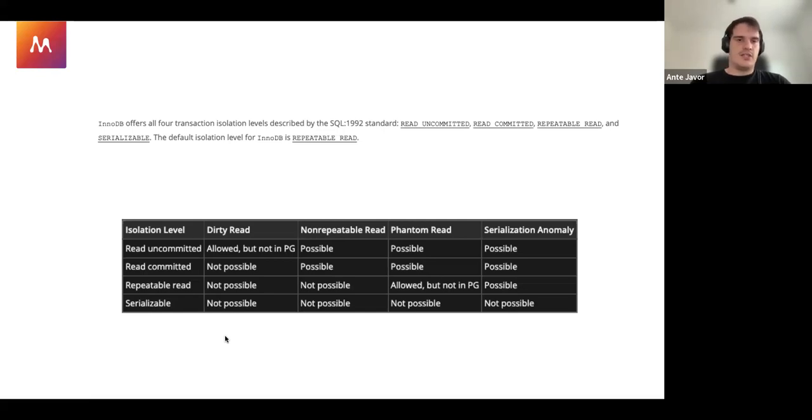As I said, this is just some of the possible isolation levels and some of the possible anomalies. There are a bunch more, but just for the sake of the example and presentation, we are going to focus on this segment. Memgraph also supports different isolation levels, but I'm going to talk about that a bit later.